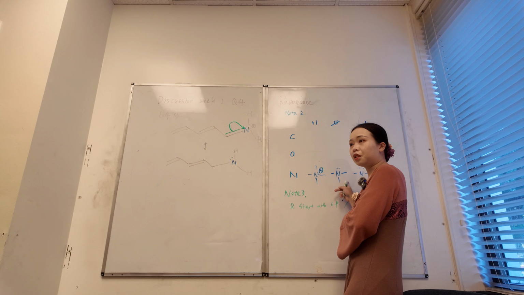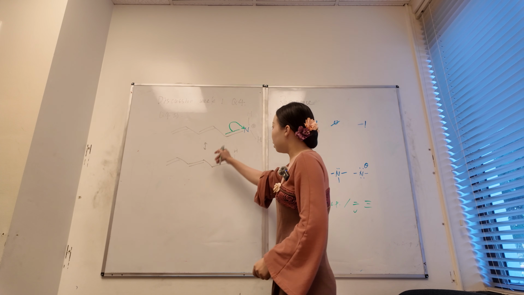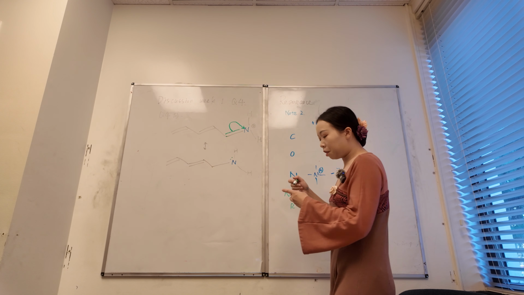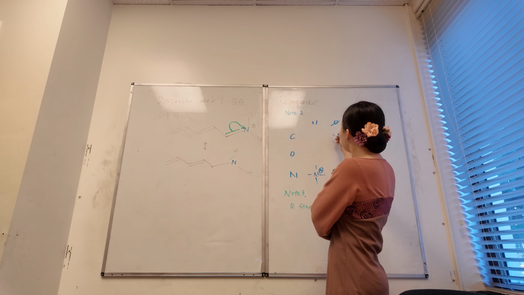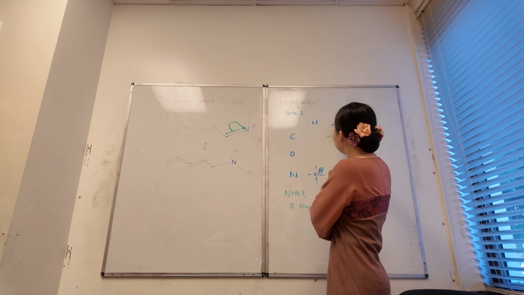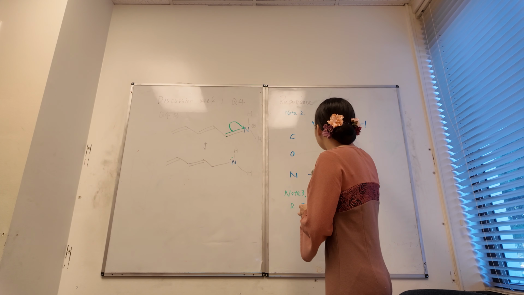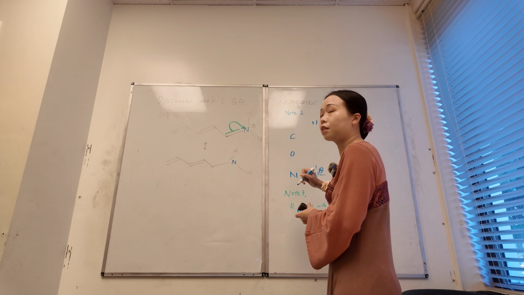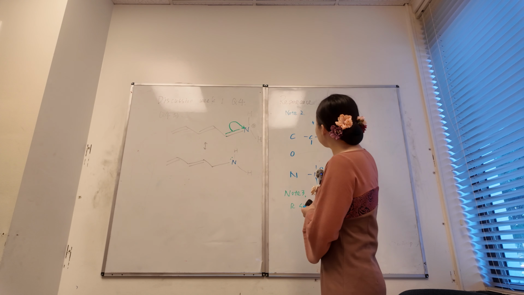It's bound to 3 different things, with only 1 pair of lone pair. But now my carbon here, the green carbon, is not happy. See what's wrong with the carbon. Carbon should only bond to 4 things, which is sp3, and that's when they're happy. What if they lose the bond?